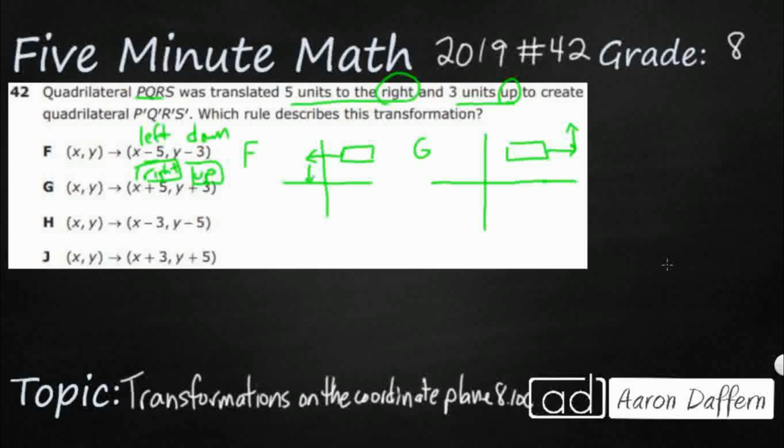Let's double check. As always, let's check H and J. We never just find the correct answer and then stop looking, because if something else looks like that, maybe I'm looking for the wrong thing. We're going to get that same rectangle here. All right, so x minus 3. So we're going to bring it over here to the left a little bit.